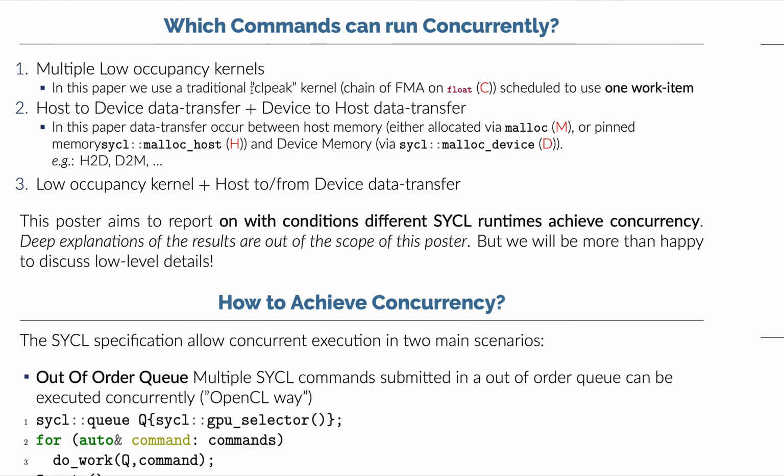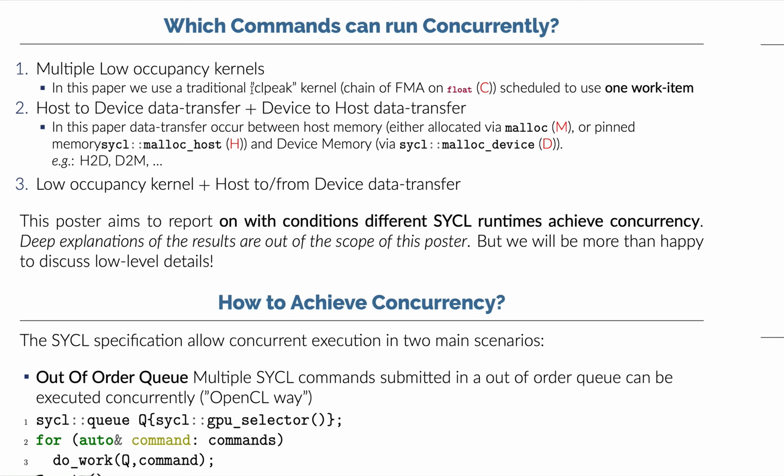So the question is, which commands can run concurrently? Or maybe more precisely, which commands do we hope can run concurrently? One obvious one is low occupancy kernels, so kernels that are not fully using the GPU.